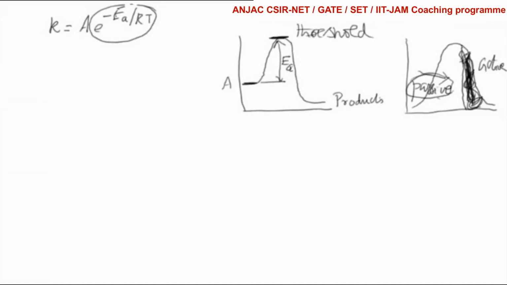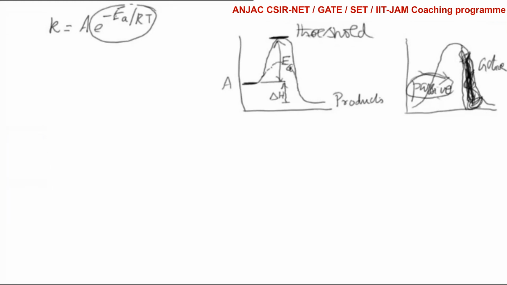The difference between the average energy of the reactant and the average energy of the products we call the heat of reaction, ΔH. You all know this. And if you add a catalyst, the rate of the reaction is increased because the activation energy, that is the threshold energy required for the reaction, is minimized.